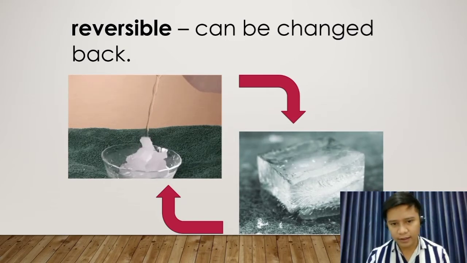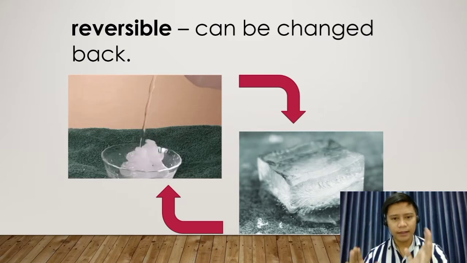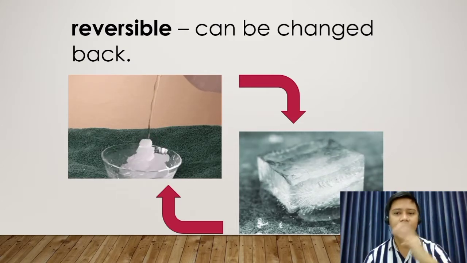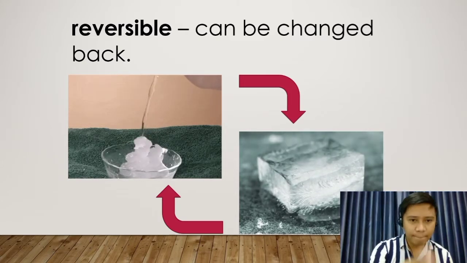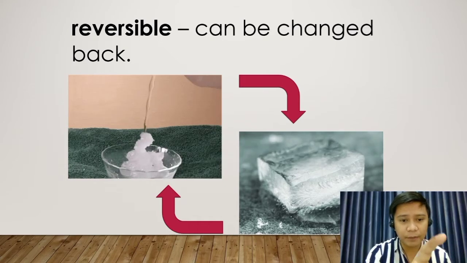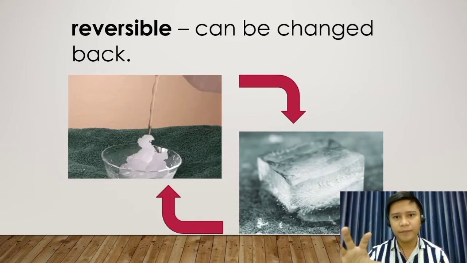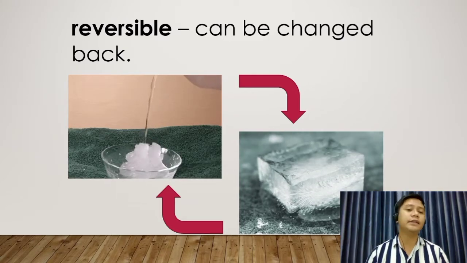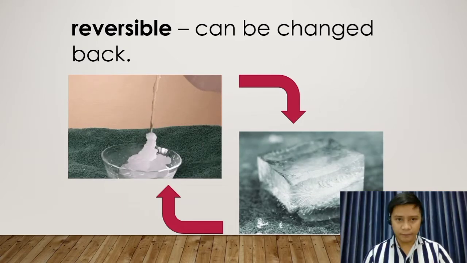And in the other picture, ice will become water. So it's like changing back. Again, the water will become ice, and then the ice will become water. So it can be changed back. This process or physical change is what we call reversible.